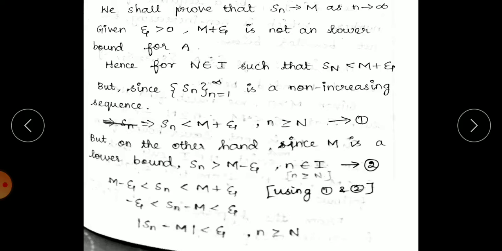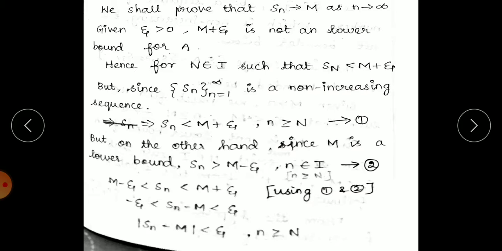We know that given epsilon greater than 0, M plus epsilon is not a lower bound for A, so there exists N belonging to I such that SN is less than M plus epsilon. But we know that the sequence is non-increasing. So Sn is less than M plus epsilon where n is greater than or equal to N. Take this as the first equation. But since M is a lower bound, Sn is greater than M minus epsilon. Therefore, Sn lies between M minus epsilon and M plus epsilon by the two equations. Now Sn minus M lies between minus epsilon and epsilon.